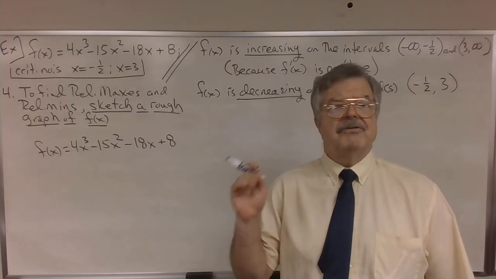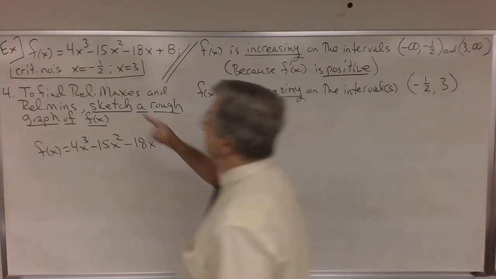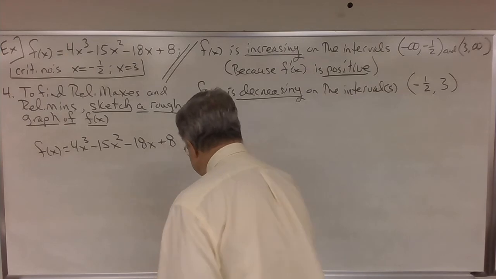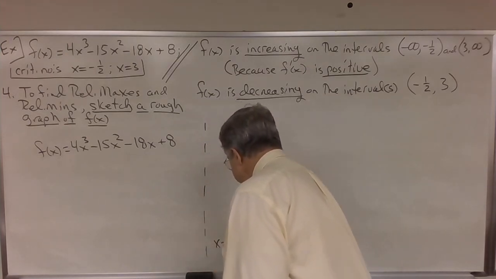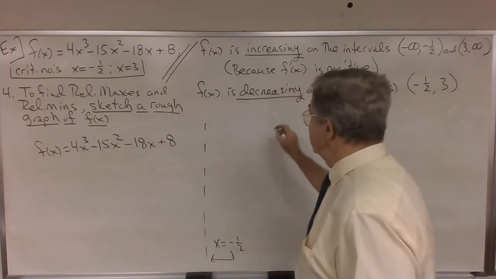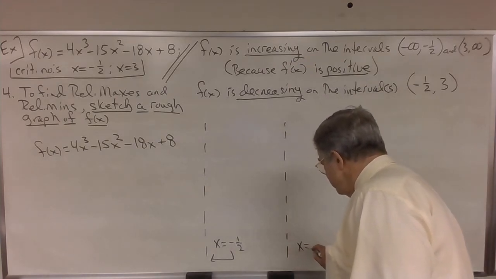The asymptotes and the critical numbers. And my critical numbers, x equals -1/2. So this is the vertical line x equals -1/2. And x equals 3. Here's the vertical line x equals 3.